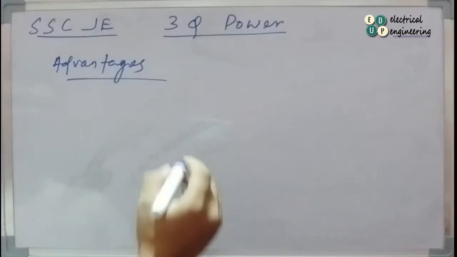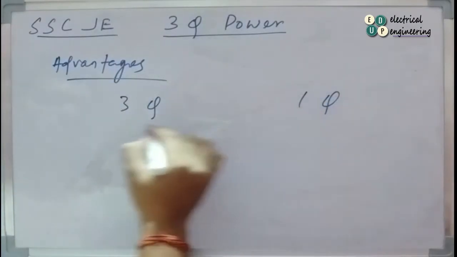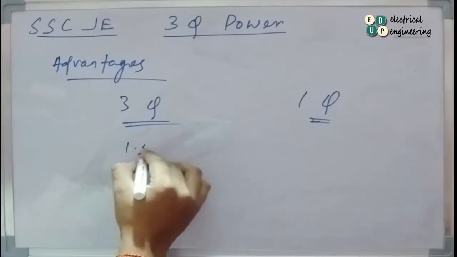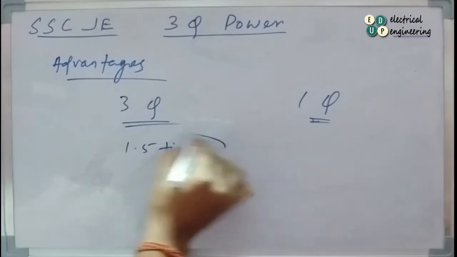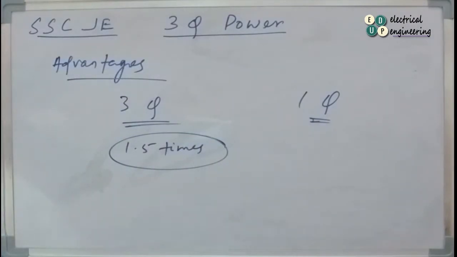If you take two kinds of machines, one three phase and one single phase, both of the same size, you will get 1.5 times more power rating in the three phase machine.